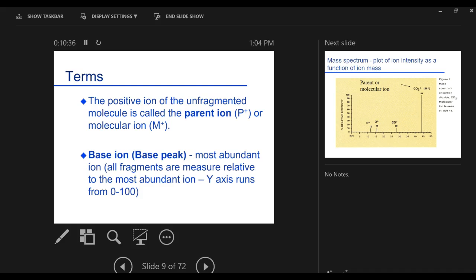And so we might have the intact molecule itself that just has a positive charge. It's called the parent. It is our intact molecule with a positive charge. So parent ion or molecular ion. That's really nice because that is the molecular weight.